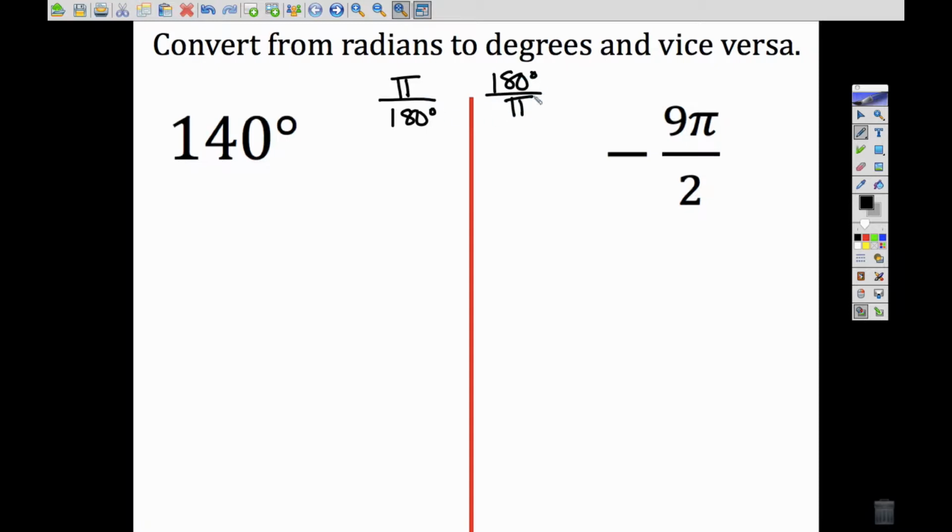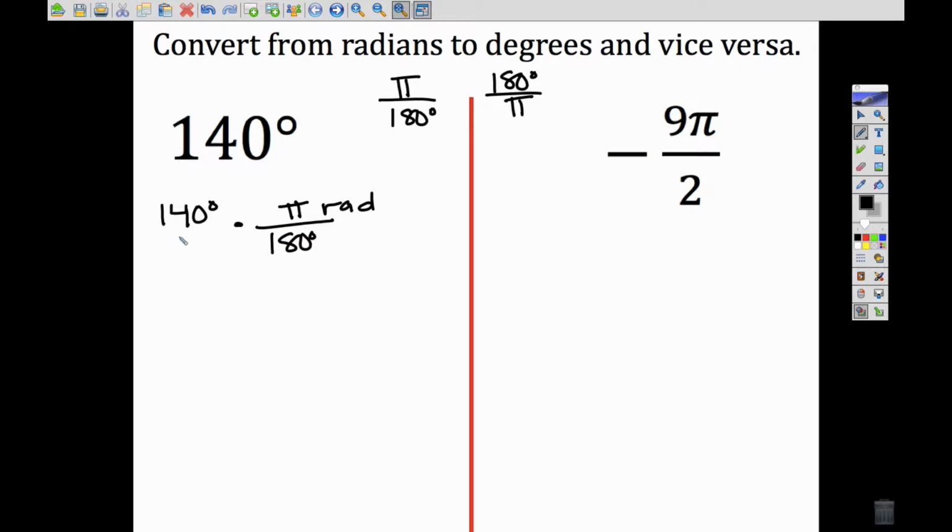And instead of memorizing which one to use, I just think about the unit that I want canceled out. So in this case, we start with 140 degrees and I want to go to radians. So I want degrees to cancel out. That means I'm going to multiply by 180 degrees in the denominator, which means pi radians has to go up top.